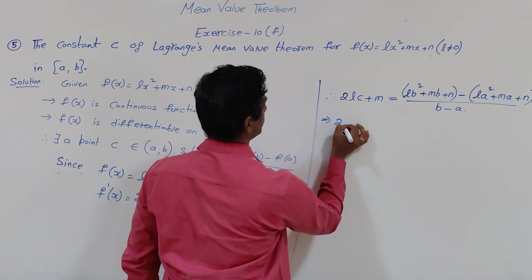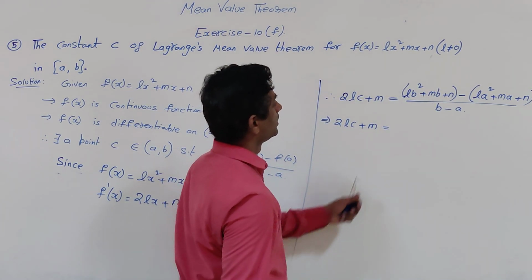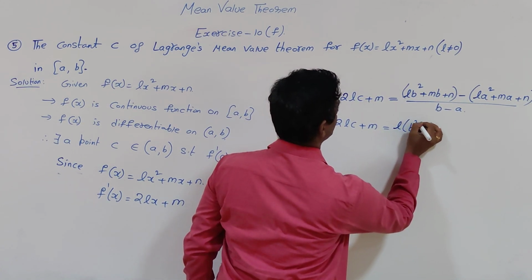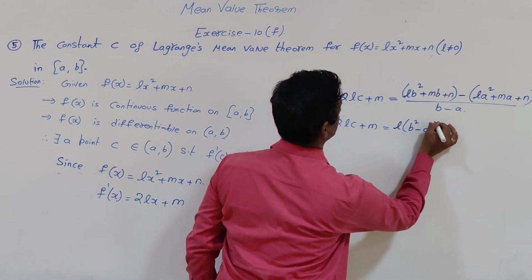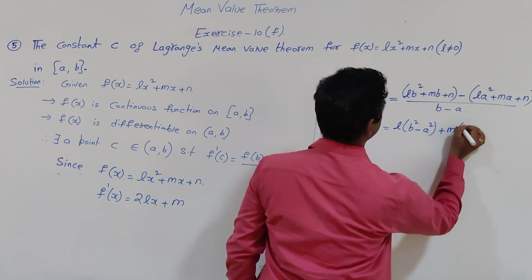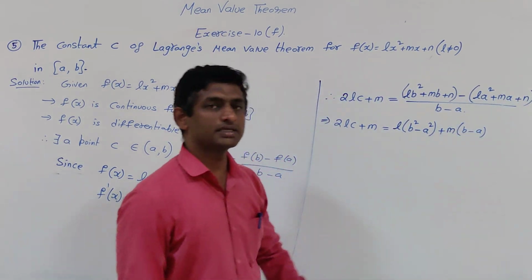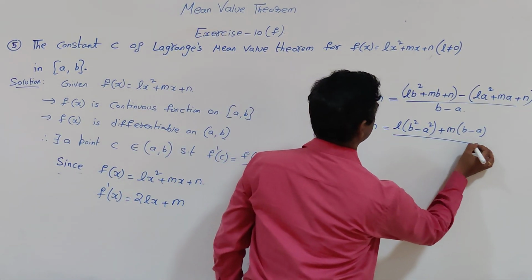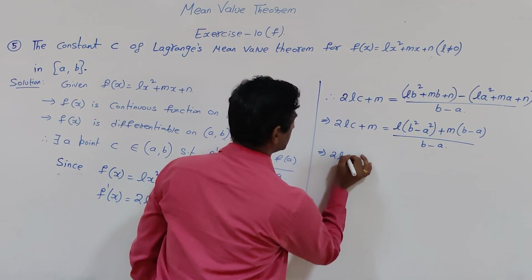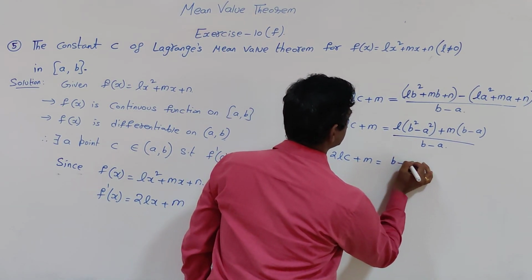So 2Lc plus m is equal to Lb square minus La square. So we can take L common, b square minus a square, plus mb minus ma, so m times of (b minus a), and plus n minus n get cancelled. So from this, which is b minus a, again on simplification we can take b minus a out.